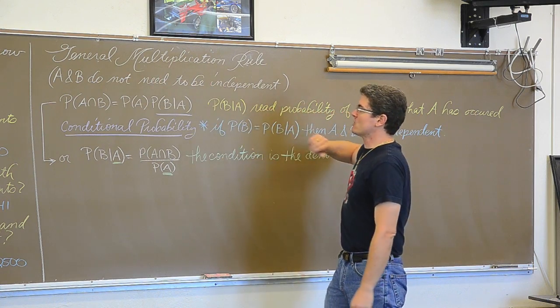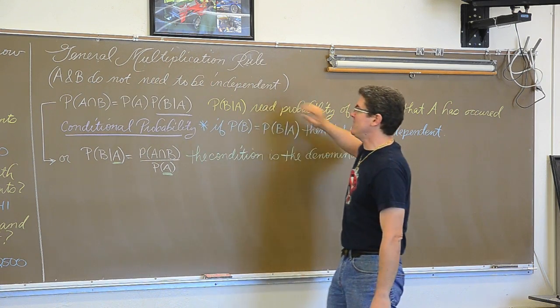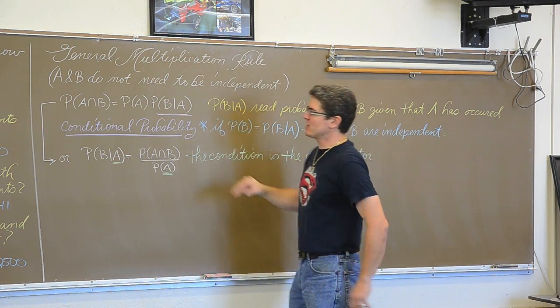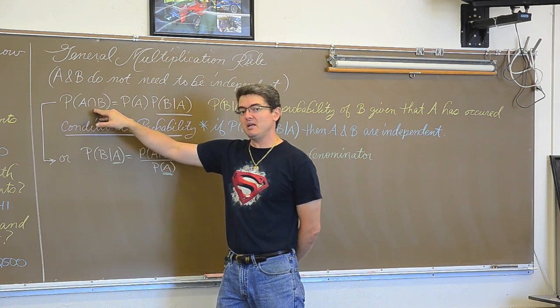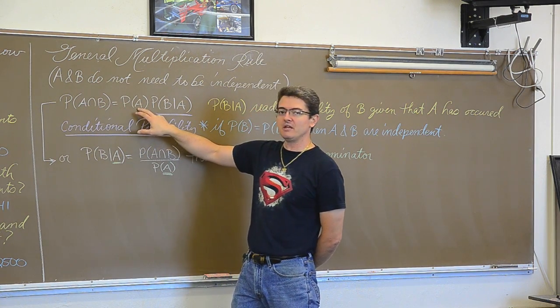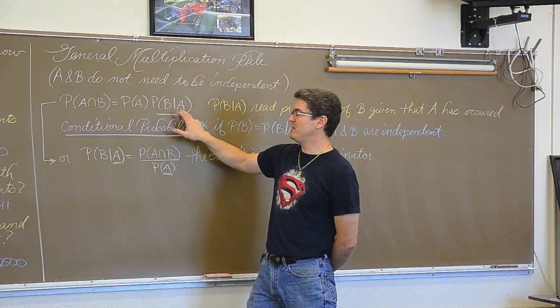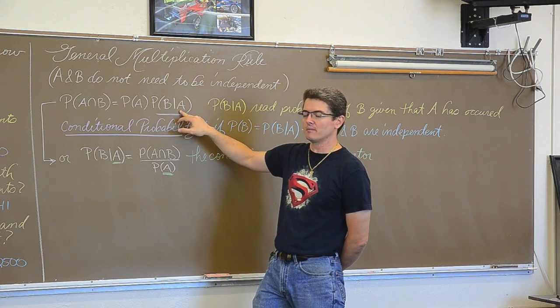For the general multiplication rule, A and B do not need to be independent. The notation is the probability of A and B is equal to the probability of A times the probability of B, given that A has already occurred.